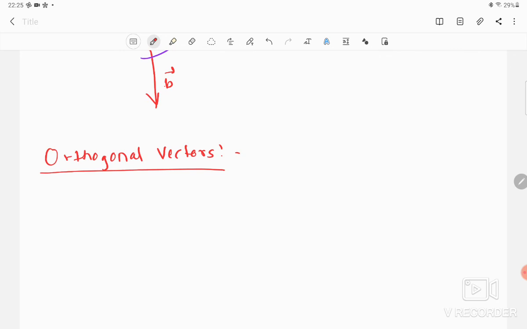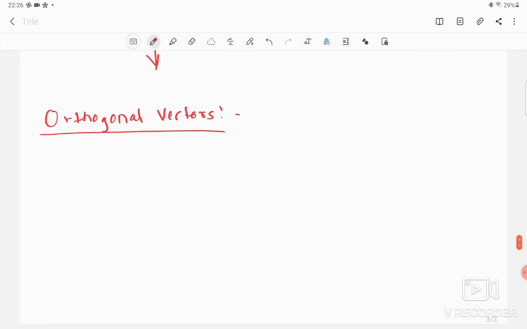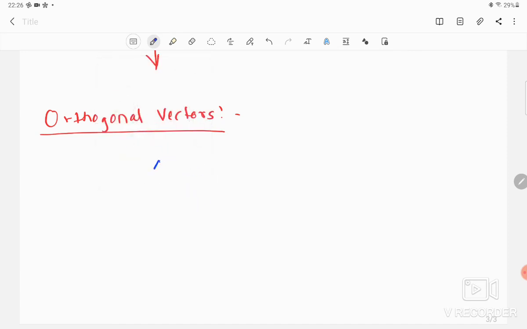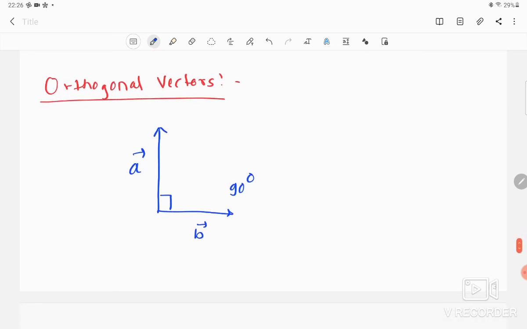If there are two or more vectors in a space, they are said to be orthogonal if the angle between them is 90 degrees. Without writing the definition, I am just drawing the vector diagram. Here is vector a bar and another vector b bar. Now the angle between a bar and b bar is 90 degrees, therefore these vectors are said to be orthogonal vectors. Vector a bar and vector b bar are orthogonal.